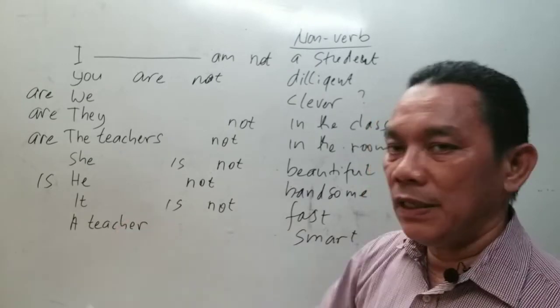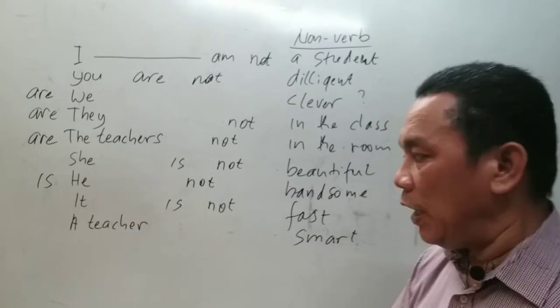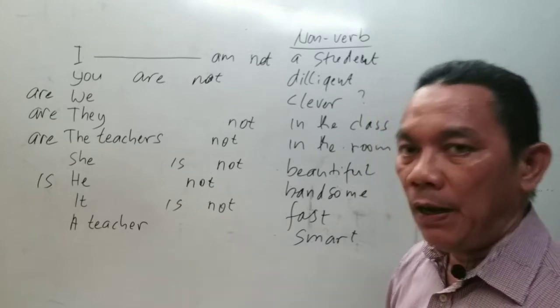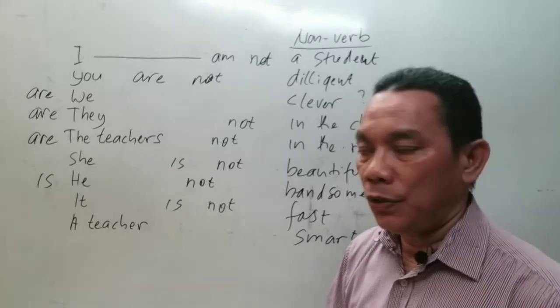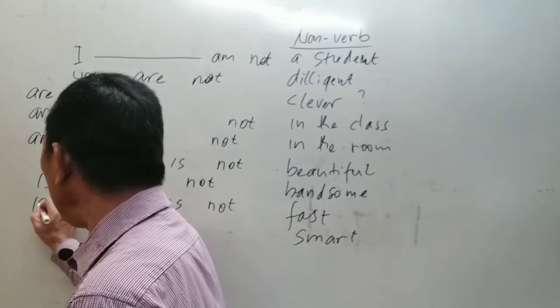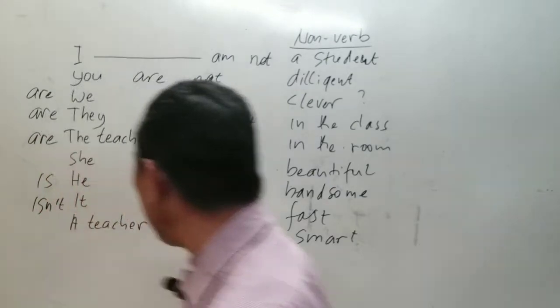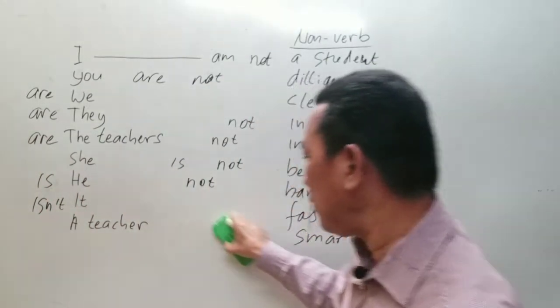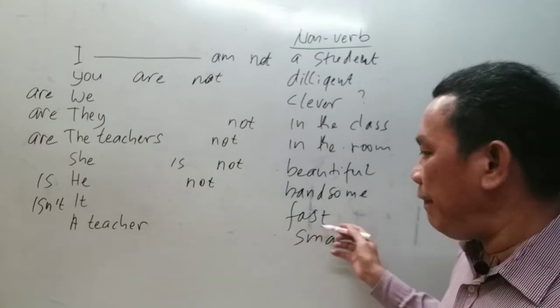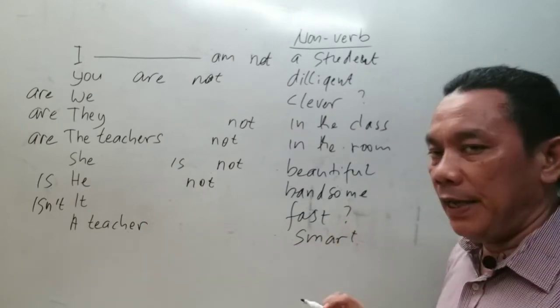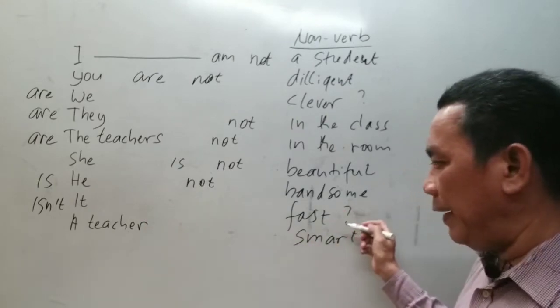And then we change the sentence into an interrogative sentence. We move both of them, but they must be in contraction. It will be isn't. Isn't it fast? Okay? Isn't it fast?